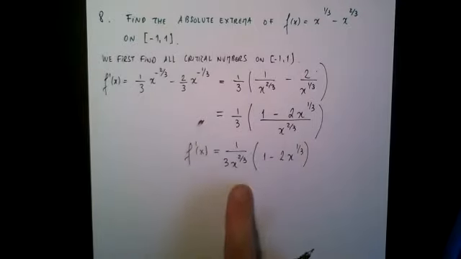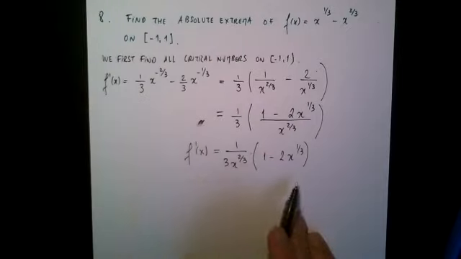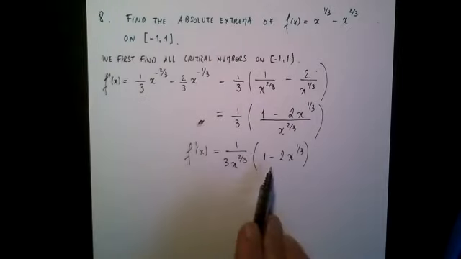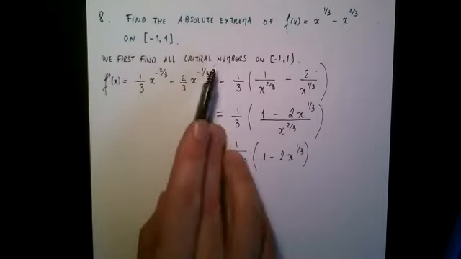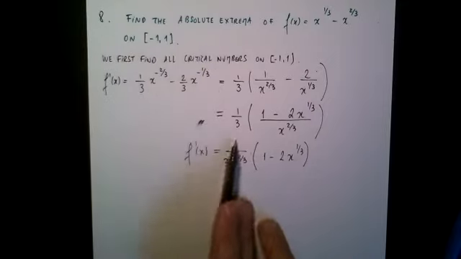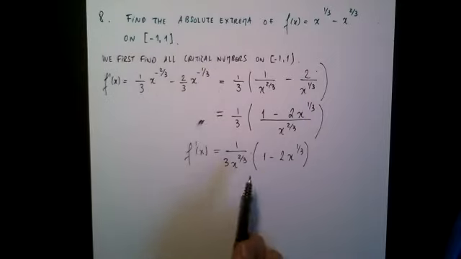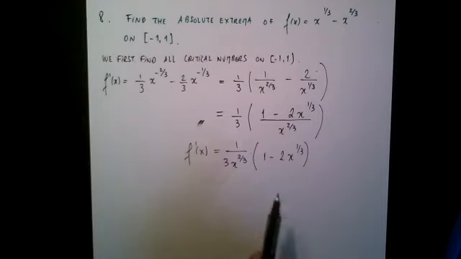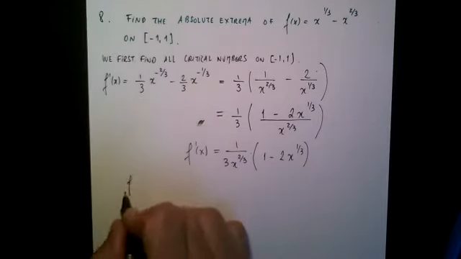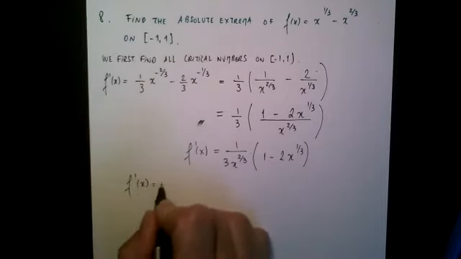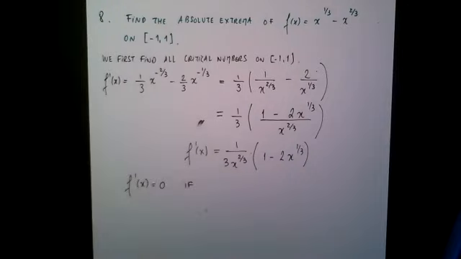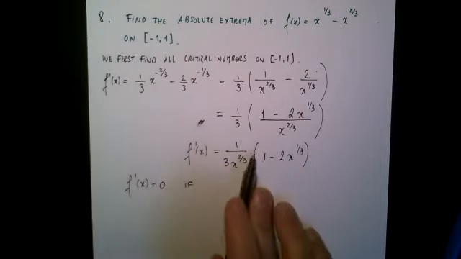Okay, so now I see my derivative, and I see that to find my critical numbers is when this expression is either 0 or doesn't exist. So f prime of x is equal to 0 if, of course, this is 0.